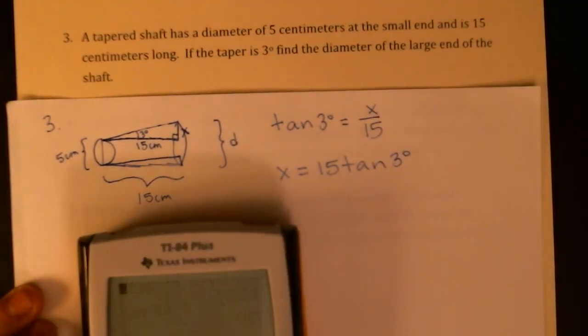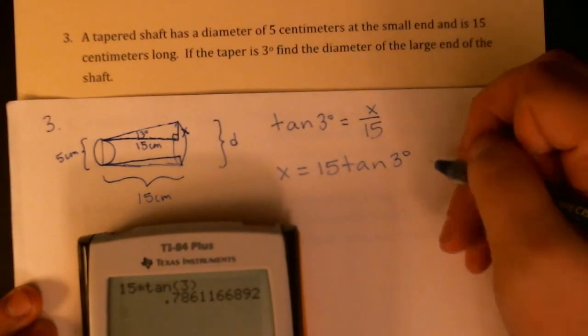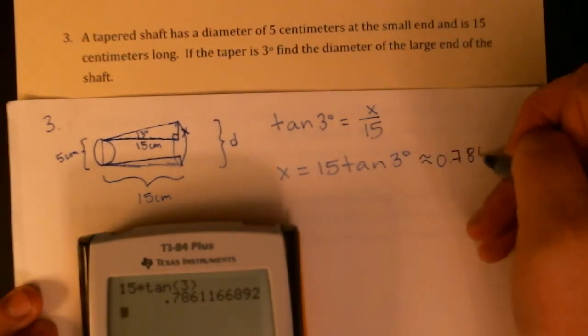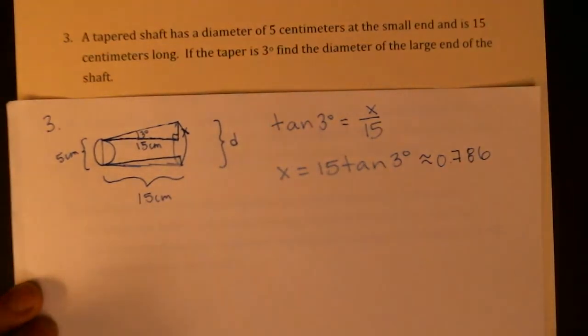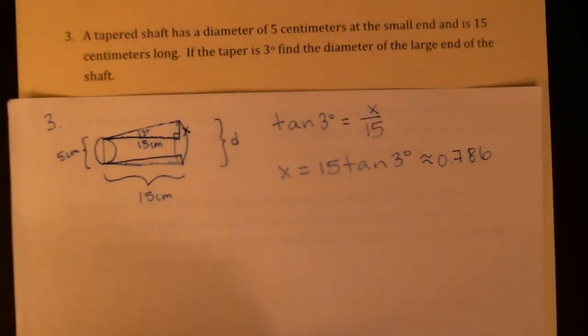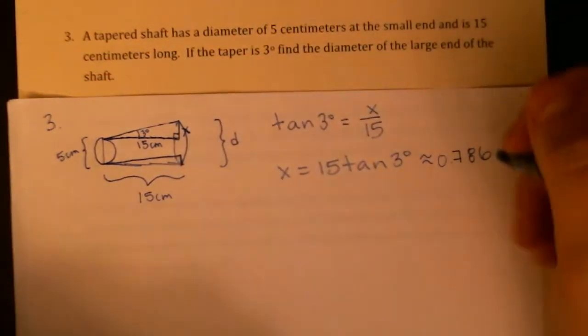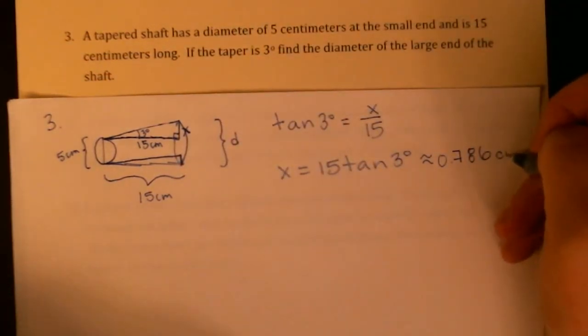So this was a calculator part. 15 tangent 3 degrees is about 0.786. All right, so that's going to be just this little piece, the top and bottom here are going to be about 0.786 centimeters.